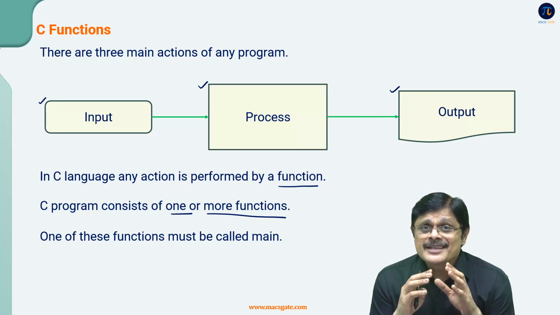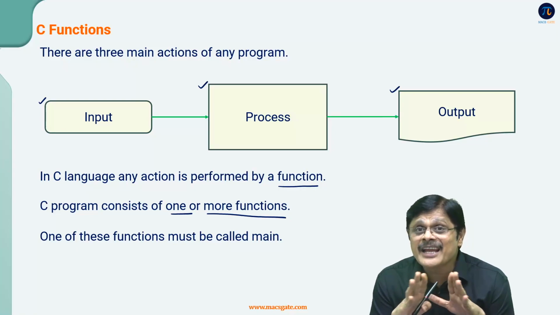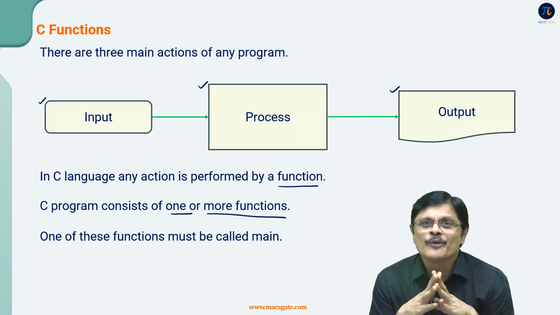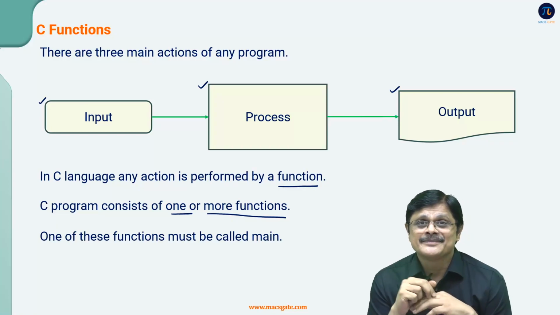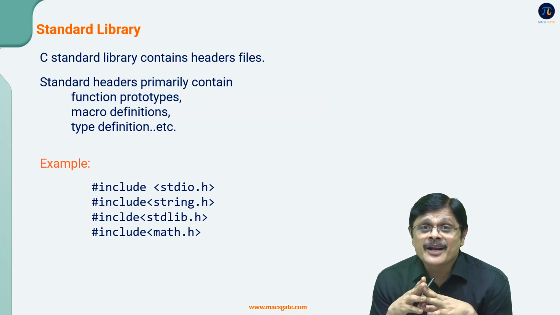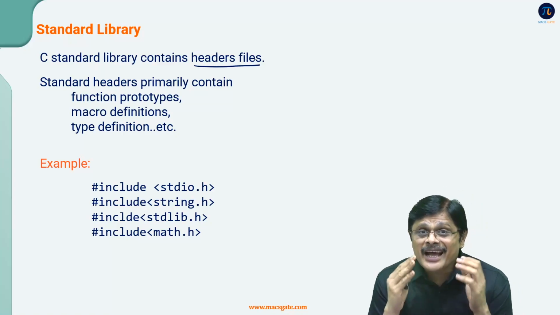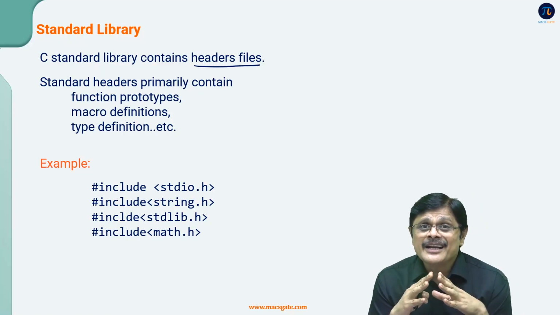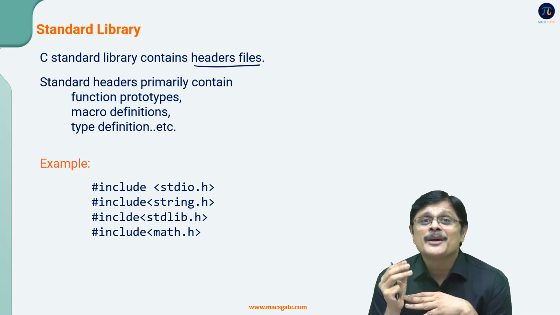Dear friends, C language by default does not provide any function. But don't worry, it provides a standard library. See, the C standard library contains header files. In the header files, we find the standard library functions which provide the basic functions.